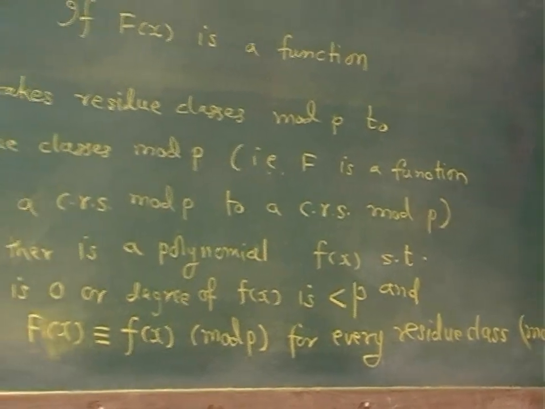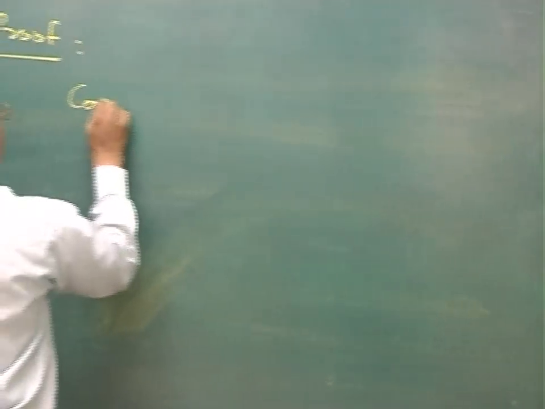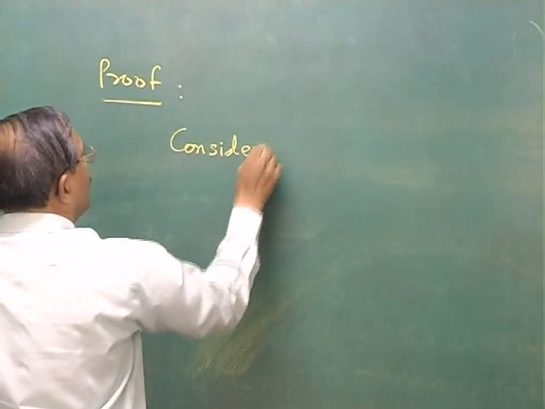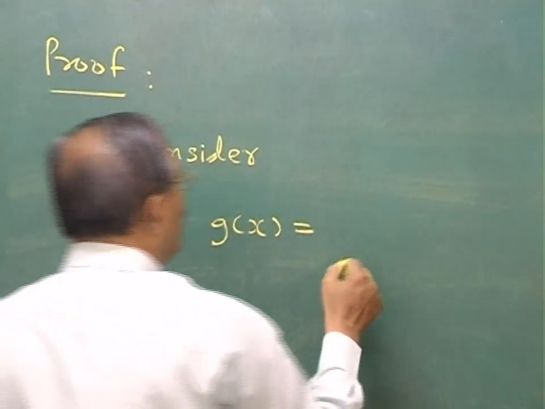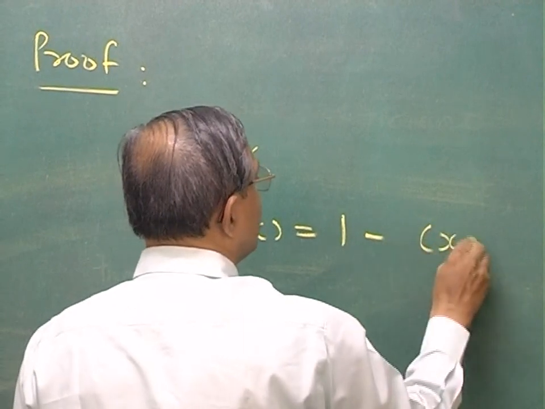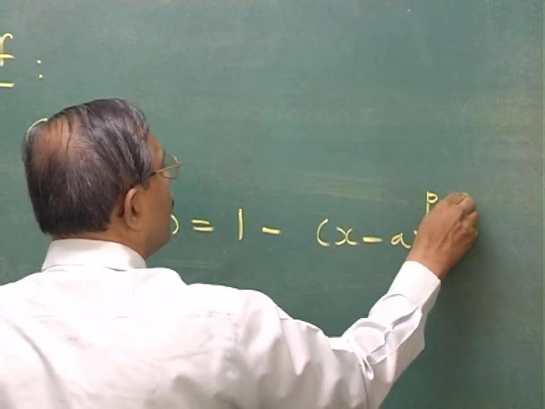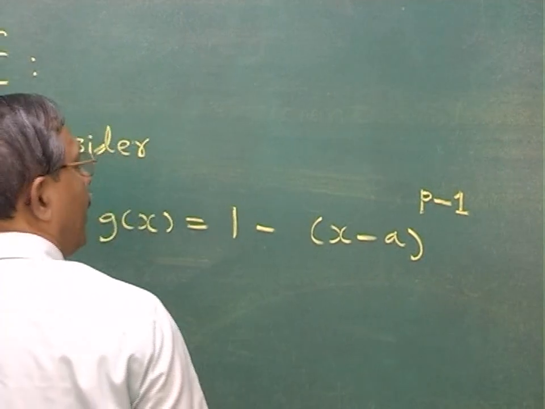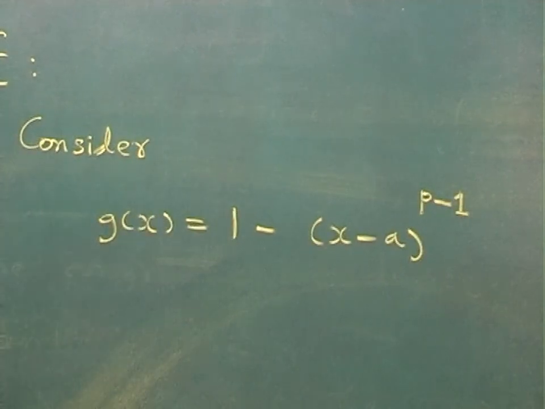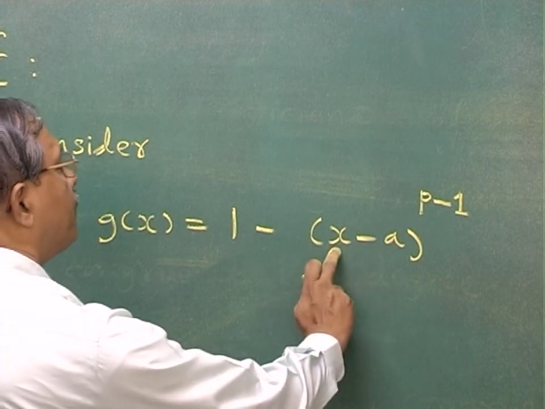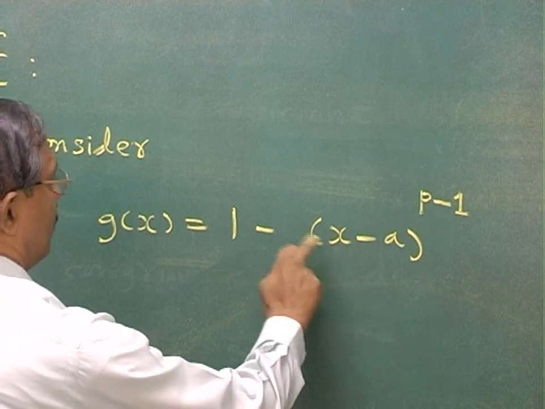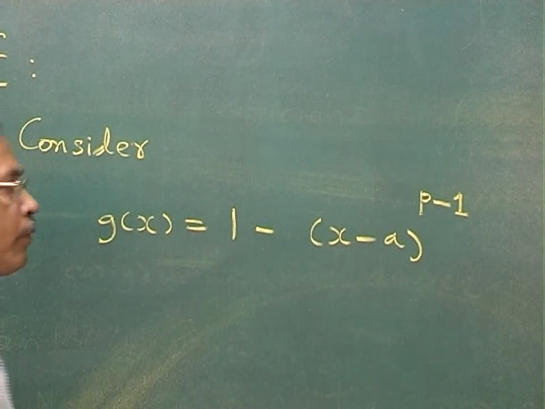So to prove this, consider g(x) equal to the polynomial 1 minus (x minus a) raised to p minus 1. Now if I put here x equal to a, what do you get?